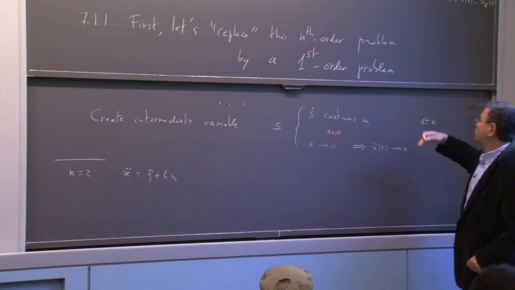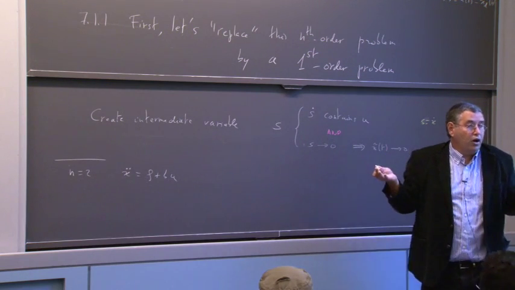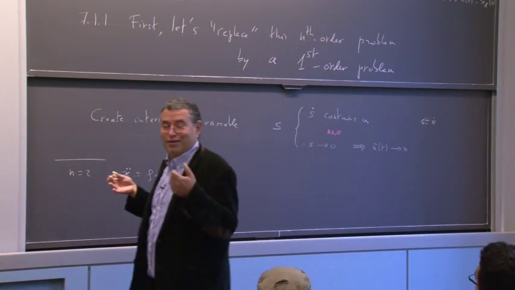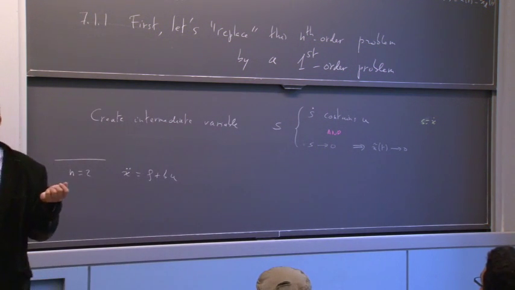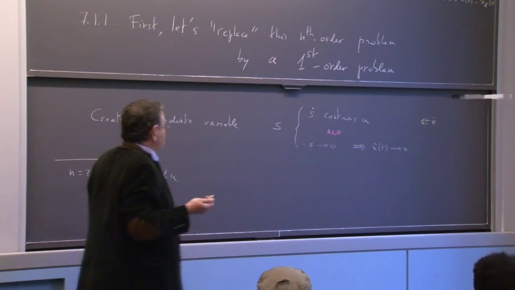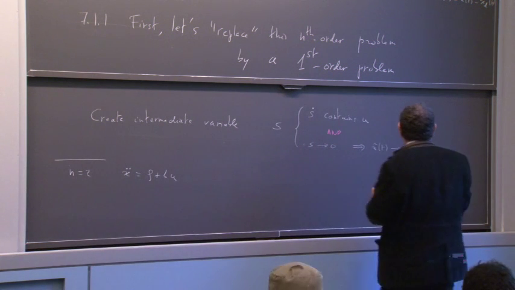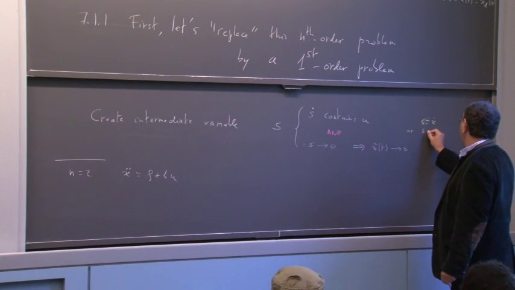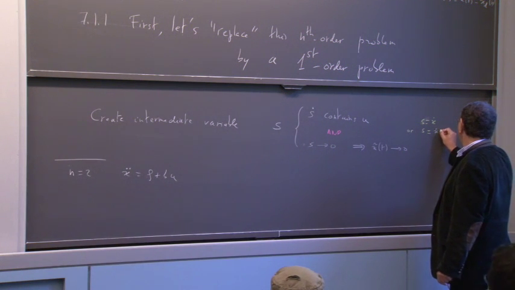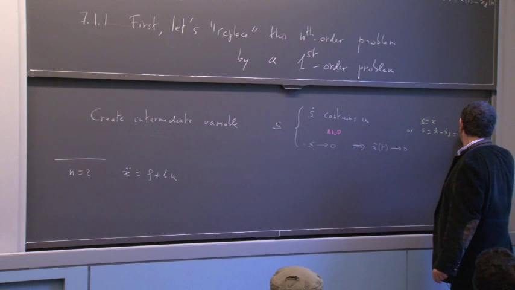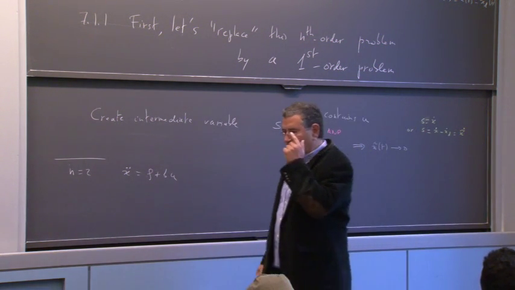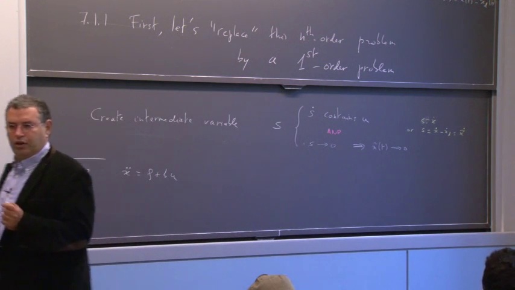If we pick s equal x dot, then of course s dot contains u, because s dot is x double dot. Now we may want to be a little better than that, because we have a desired trajectory, so we may want to pick x dot minus x d dot, in other words x tilde dot, because that also contains u.